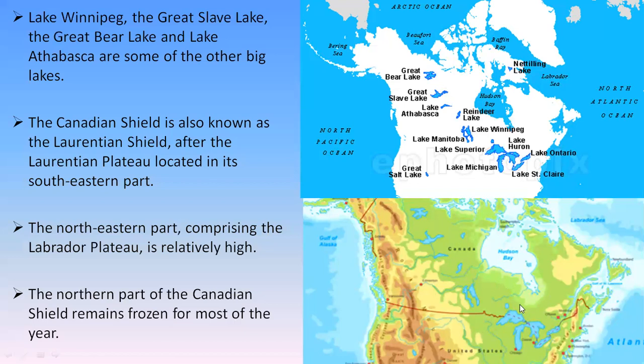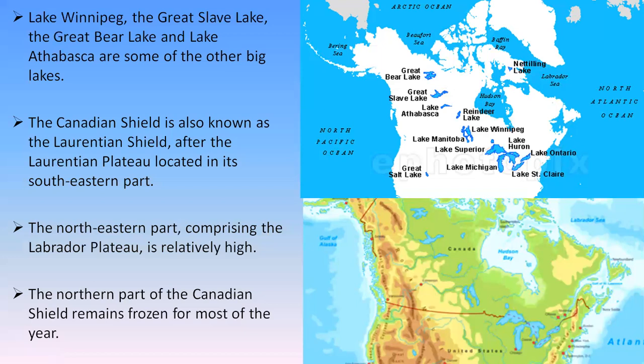This is the Canadian Shield around the Hudson Bay, and on the southeast side you will find the Laurentian Plateau. So this shield got another name, the Laurentian Shield.